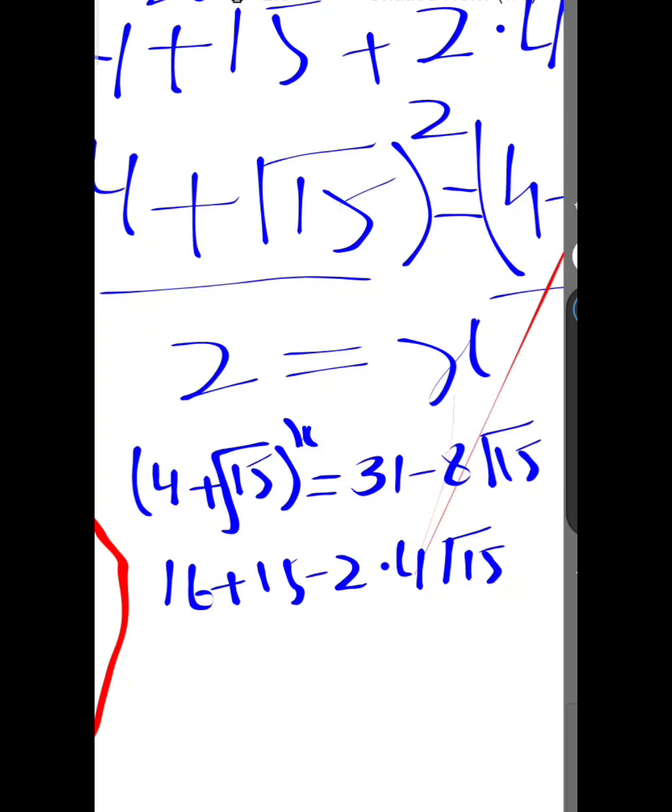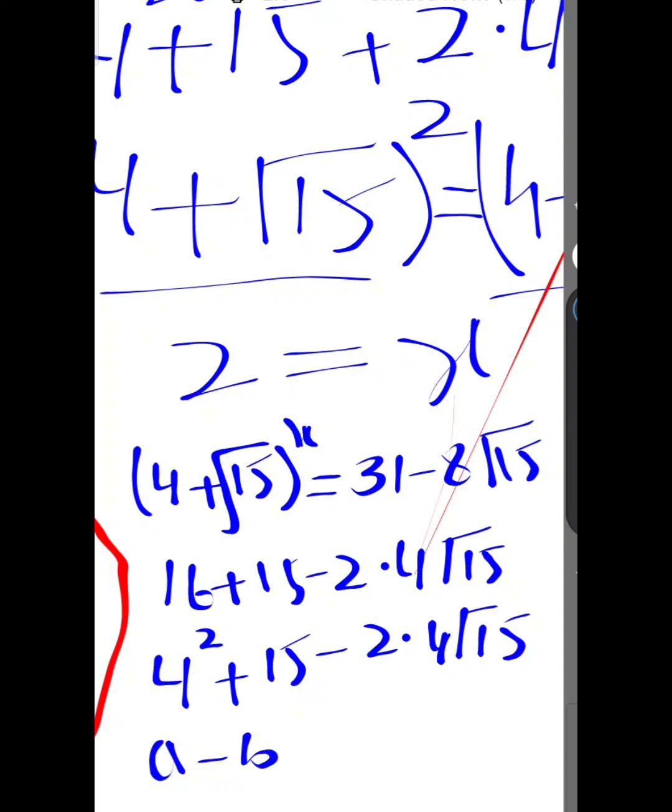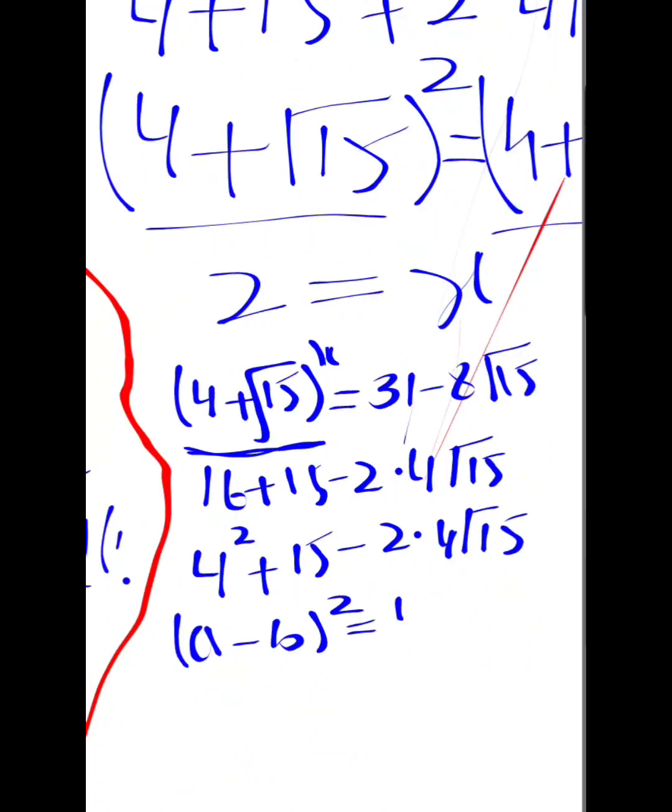So we can write it as 4 square plus 15 minus 2 times 4 times square root 15. So (a minus b) whole square is equal to (4 minus square root 15) square.